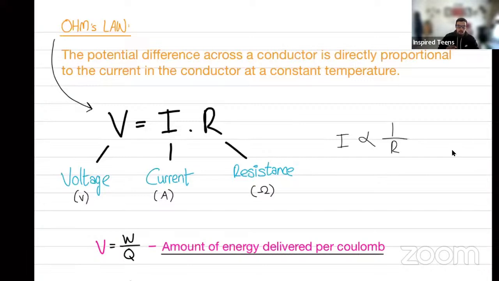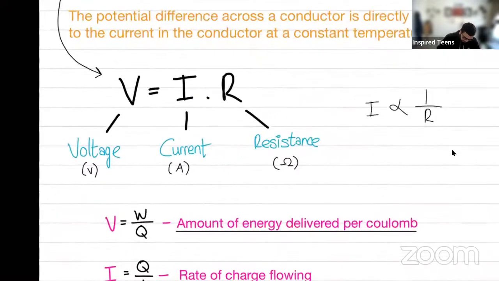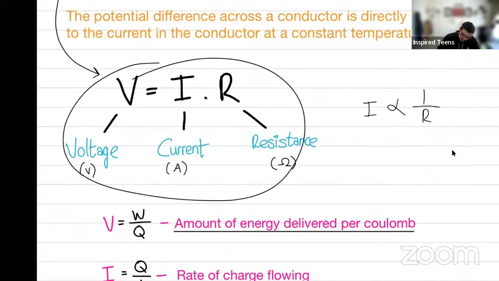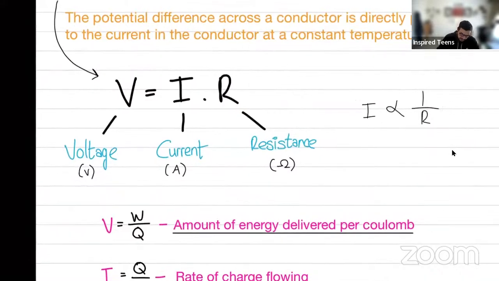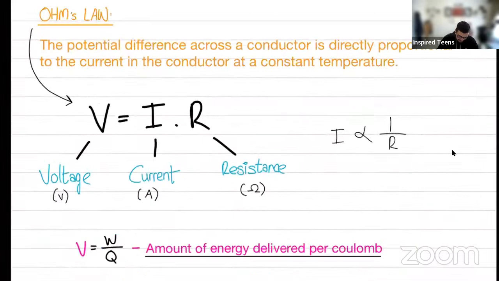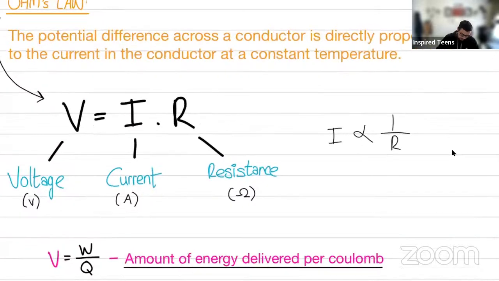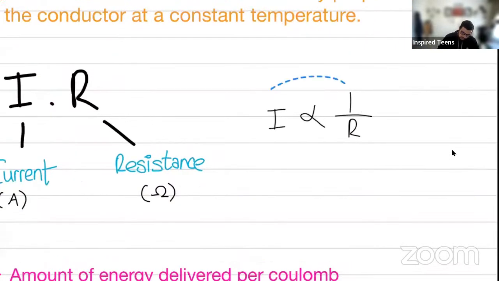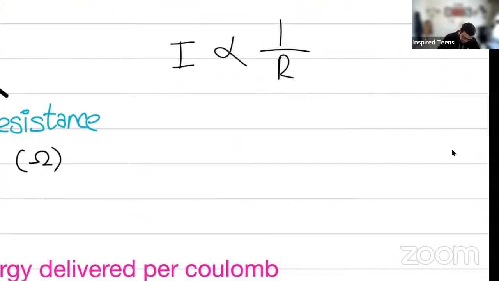According to this formula, it also gives us the relationship between current and resistance, provided that voltage remains the same. So it gives us a relationship where current is inversely proportional to resistance.